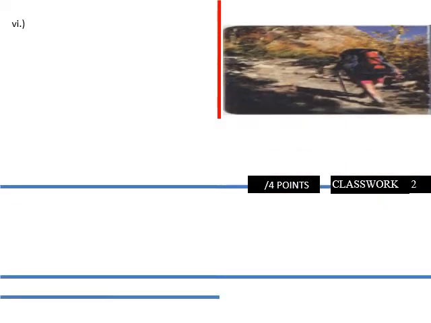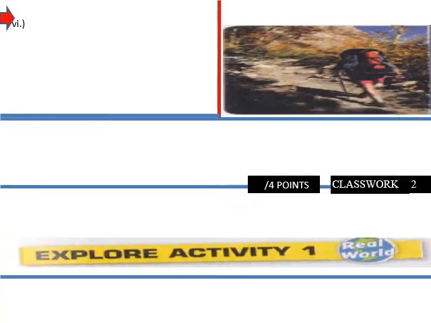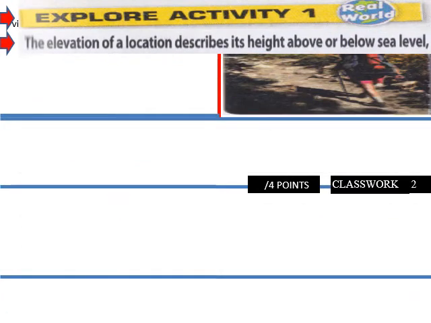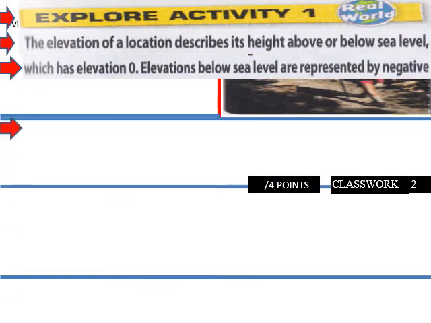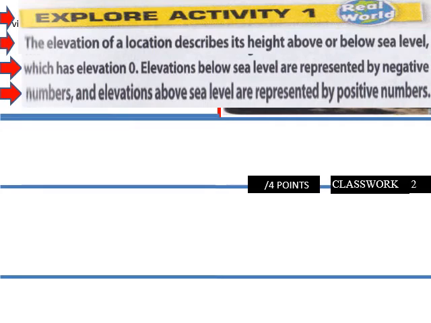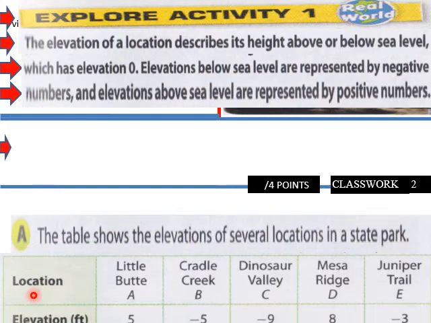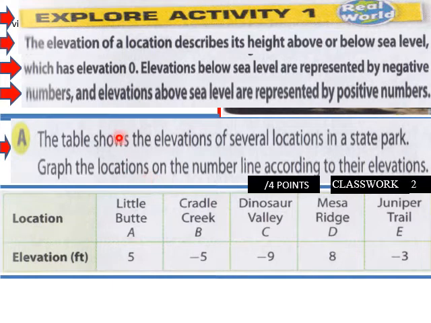So we go into classwork number 2 here. Explore activity. Elevation of some topographical areas are represented by positive numbers, which are above sea level, and below sea level are represented by negative numbers. Here is a table showing different locations here and their elevations in relation to sea level.